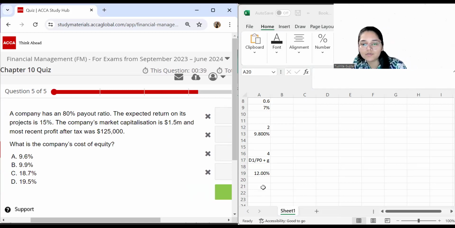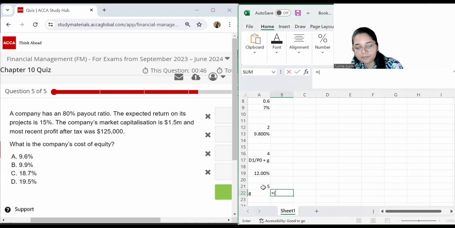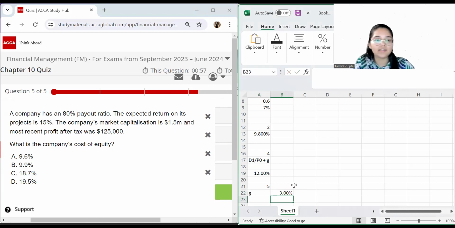So over here, this is question number 5. Let's first work out G. G is going to be equal to, firstly, take 20%. 1 minus 80 is 20%. So 20% multiplied by 15%. This over here, 3% is your growth rate. Now you have your growth rate, you want to find out the dividend now.